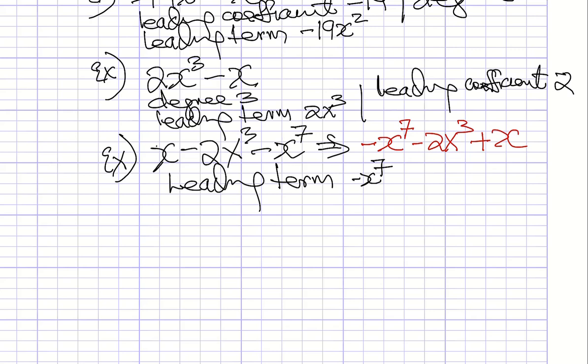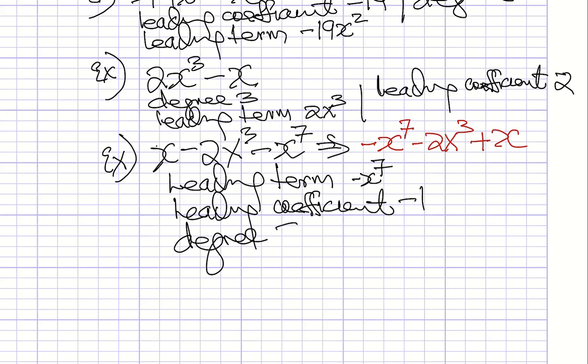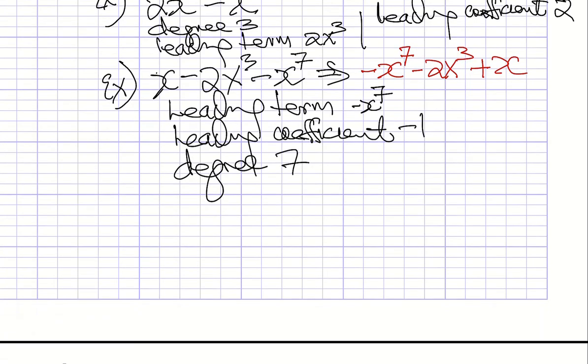The leading coefficient is -1. You see it, right? And then the degree of that polynomial is 7.